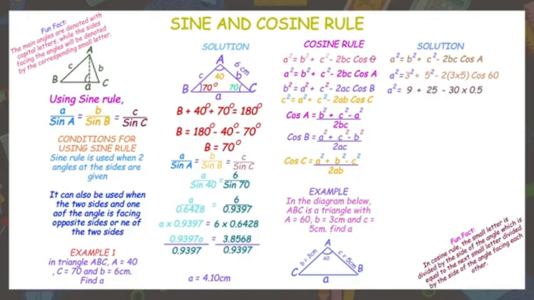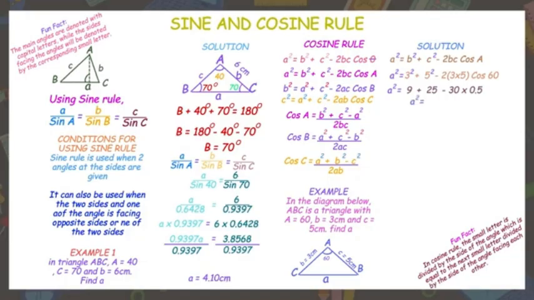Multiplied by 2, it will give us 30 cos 60. And what is cos 60? Cos 60 is half, 0.5.